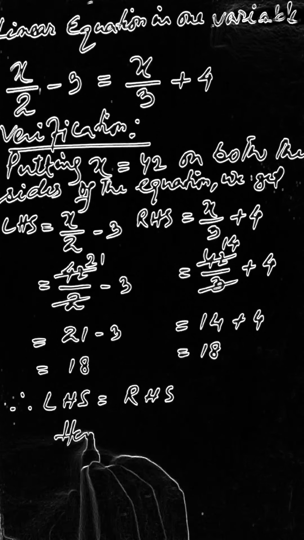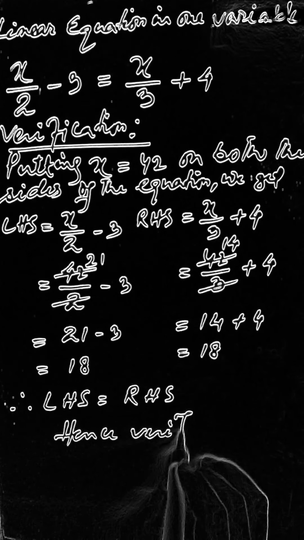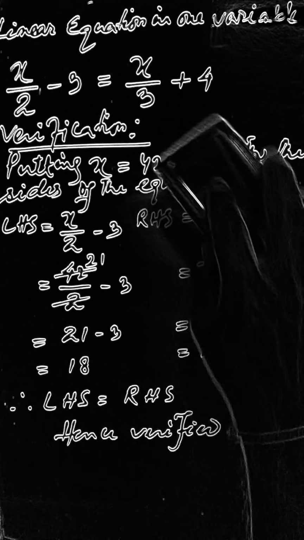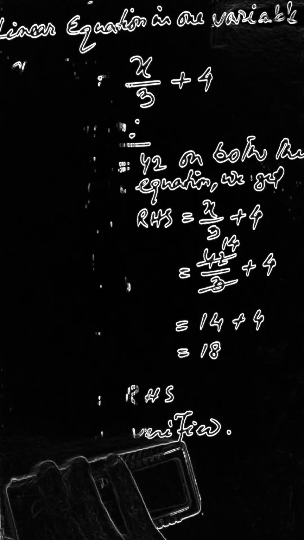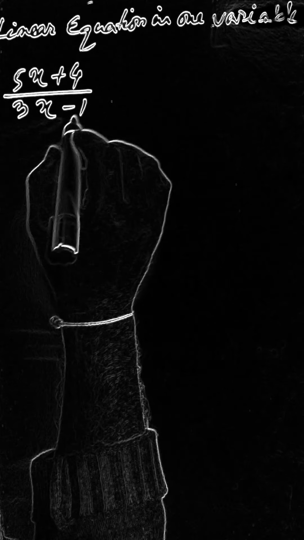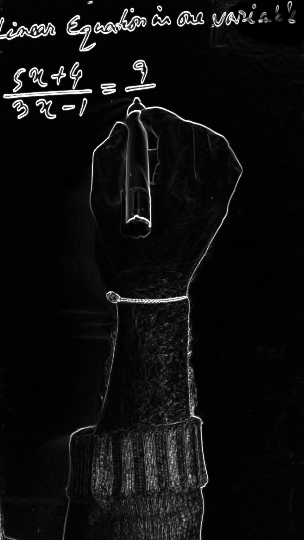So hence verified. Now we'll be solving one more question. So I will wipe now. Okay, the next question is 5x plus 4 divided by 3x minus 1 equal to 9 divided by 2.